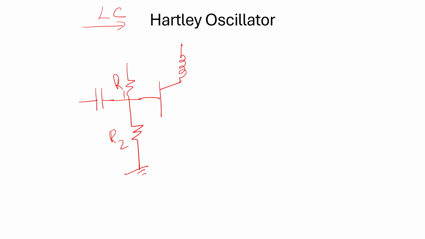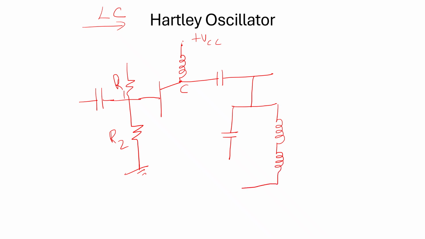Usually we will have an RC resistor connected to the collector terminal, isn't it? Here we are replacing the resistor by an inductor. To the collector terminal, the output capacitor is connected. That is, a capacitor in parallel with the inductor. The inductor is connected with center tapped grounding.